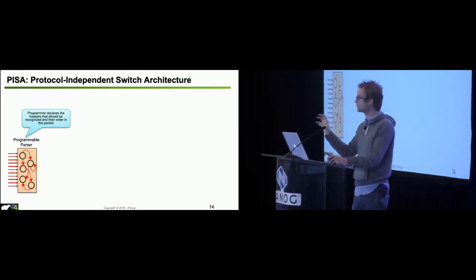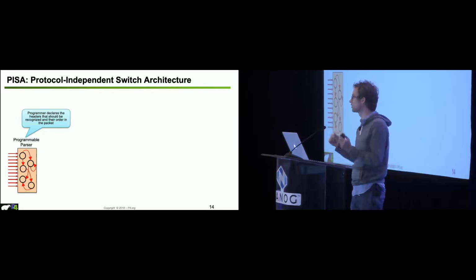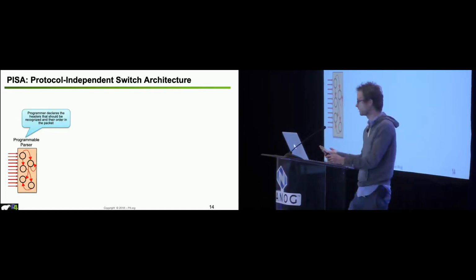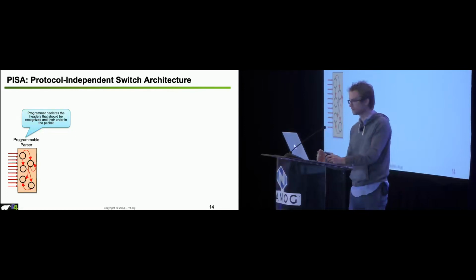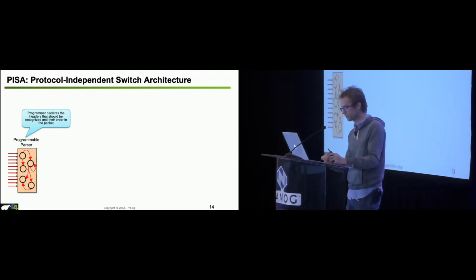Then your parser is going to look at the value of the Ether type field. And based on the value of this field, you're going to move on to extract the IPv4 header or the IPv6 header or any custom header you might be using in your program. I took Ethernet as an example, but really, because it's protocol independent, it can be any type of protocol, even an L2 protocol.